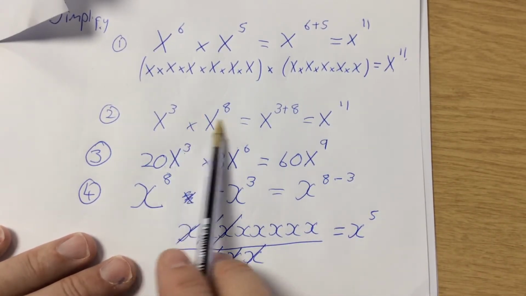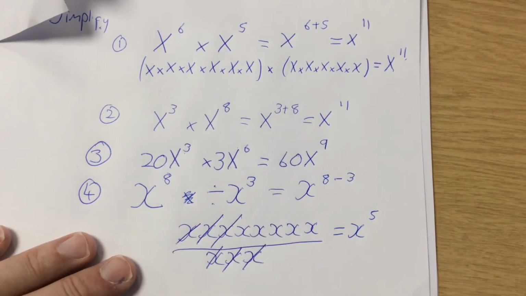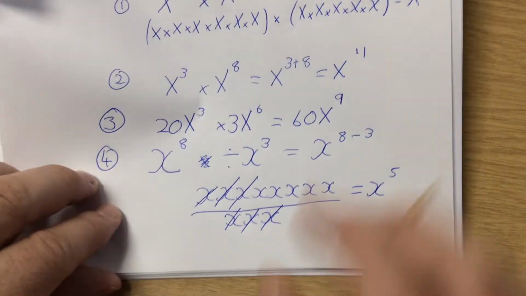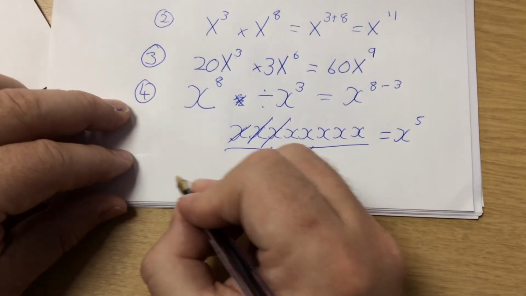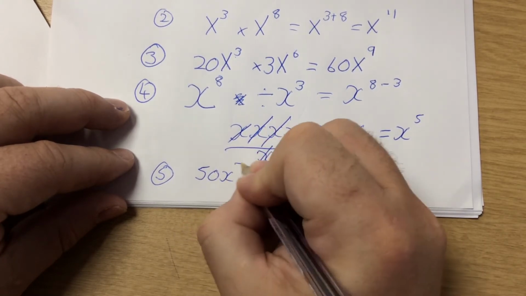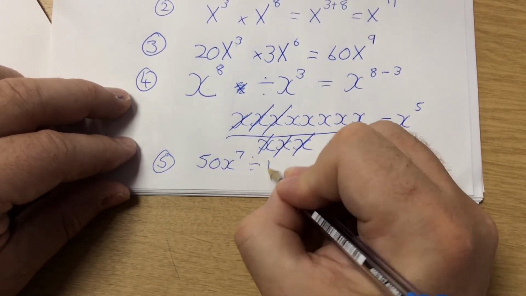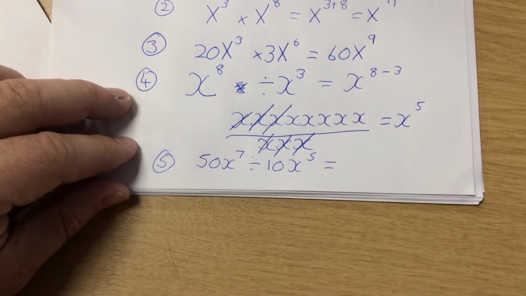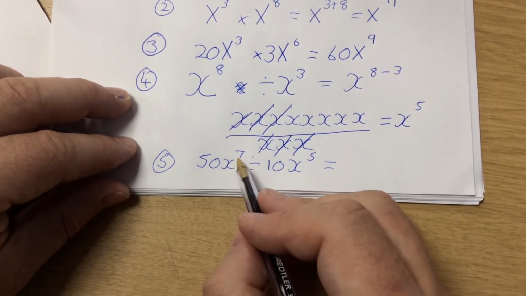So when you multiply indices with the same base, you add them. When you divide them, you take away. One other thing to think about is what happens if there's a number in front of x. Like if I put 50x to the 7 divided by 10x to the 5. Like the last one, I can take the powers away.